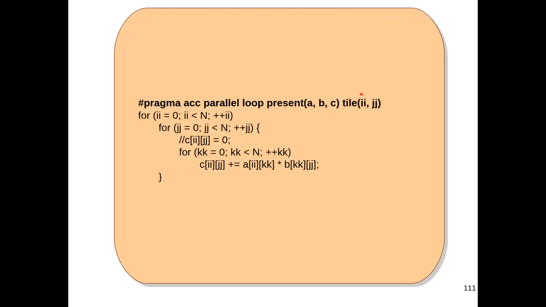So for i there will be 2 loops, for j there will be 2 loops, and then for k there will be one. So therefore this 5 nested loop gets automatically generated for us. Thankfully we don't have to write it, but even if you write it, I think that will be interesting.